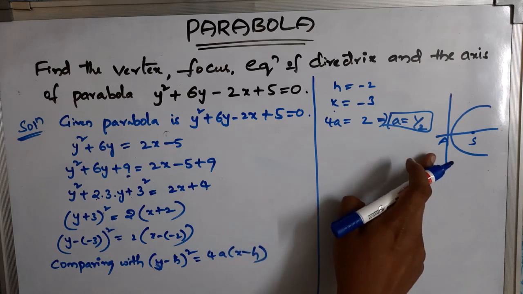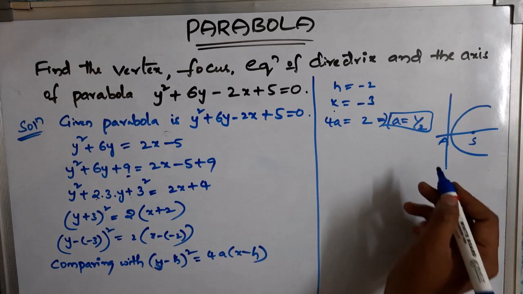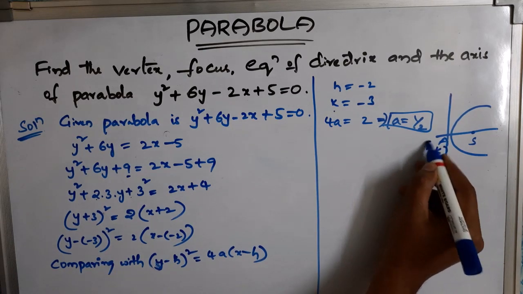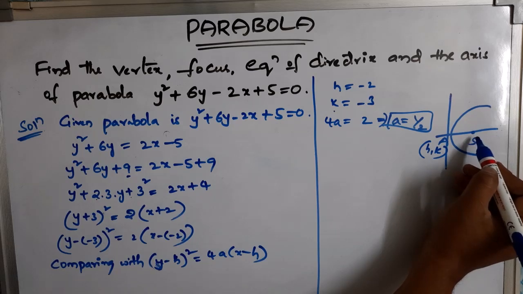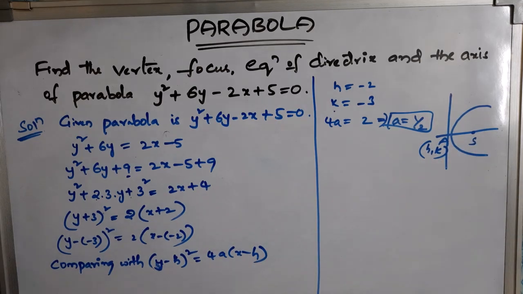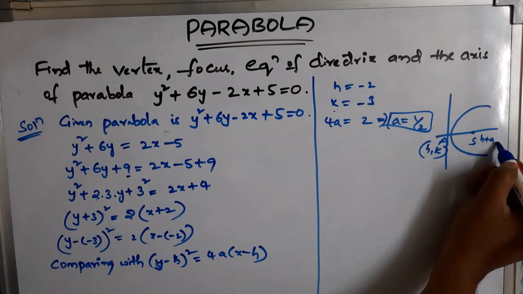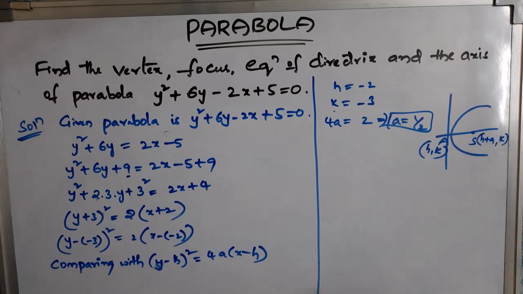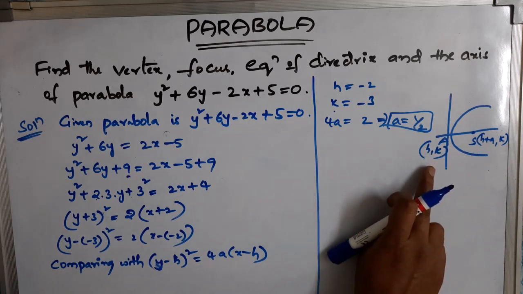In this case, the vertex is shifted from 0, 0 to h, k because the origin is shifted, and here the focus is h plus a comma k, right? You can see the clause to get what is focus and how do we get a.